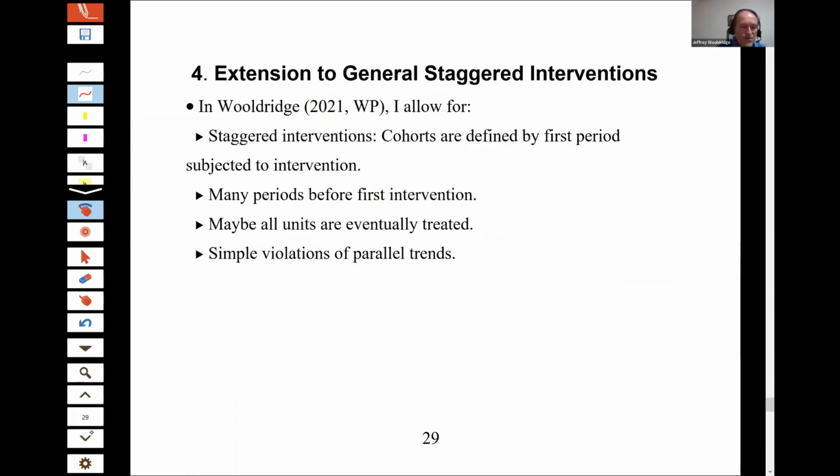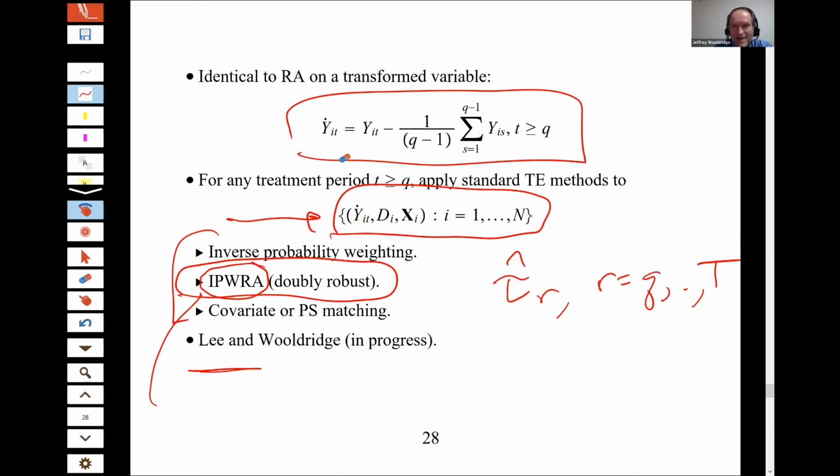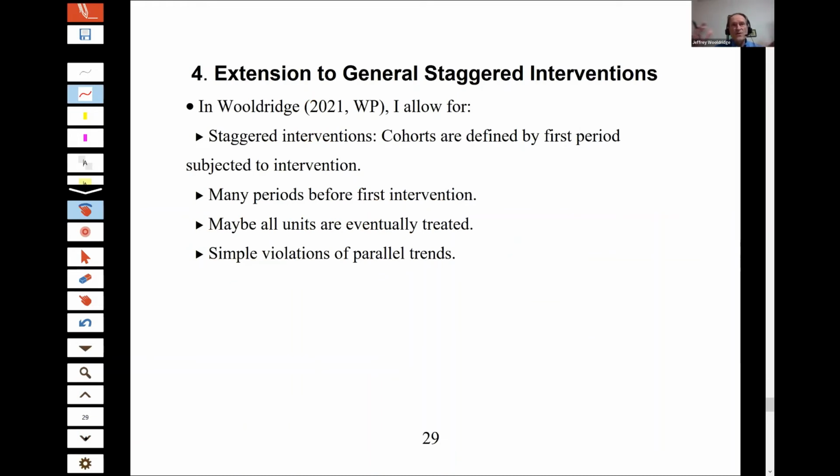Okay, I'm actually close to finishing, and so I just want to mention the most general case. Now, this one is interesting because in this one, I admit we're working on this, but we haven't quite found the magic transformation in the staggered case that reproduces the pooled OLS / fixed effects estimates.